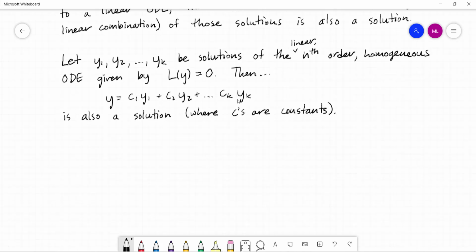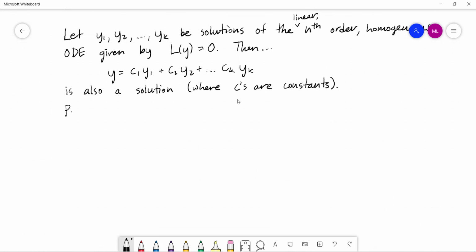Okay. The proof of this is actually pretty straightforward based on the definitions, but this is going to be the idea. So let's just let k be equal to 2, so there's only 2 solutions, just to make life easier, but this idea extends up to more.